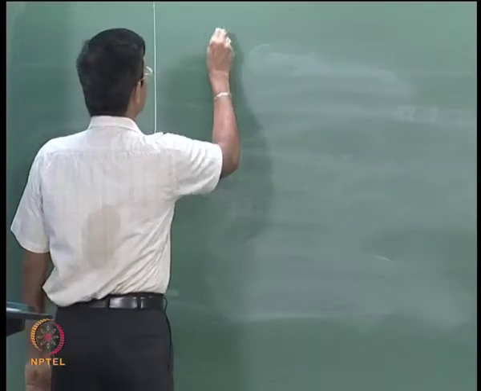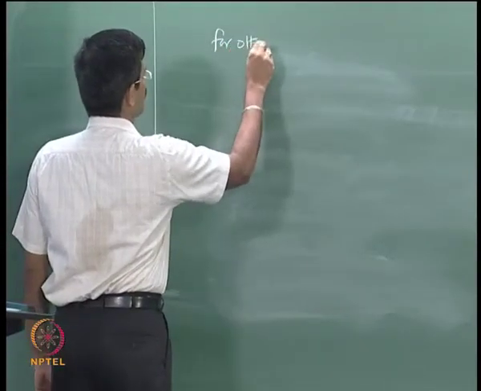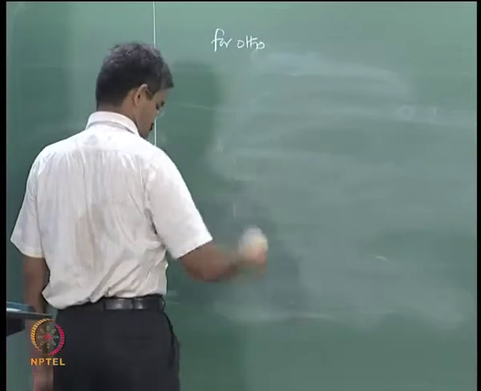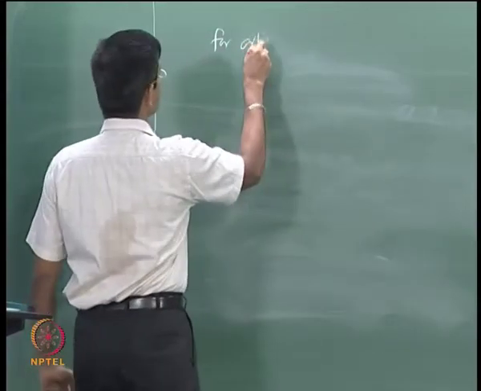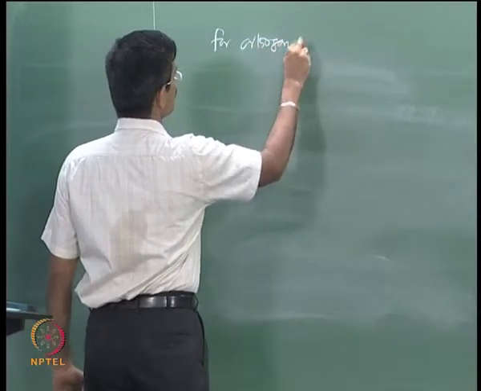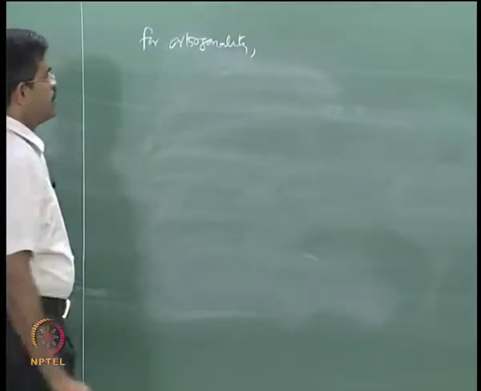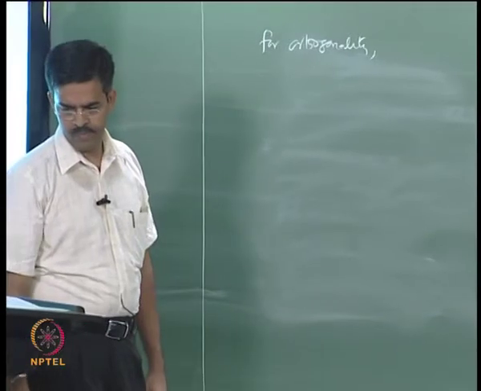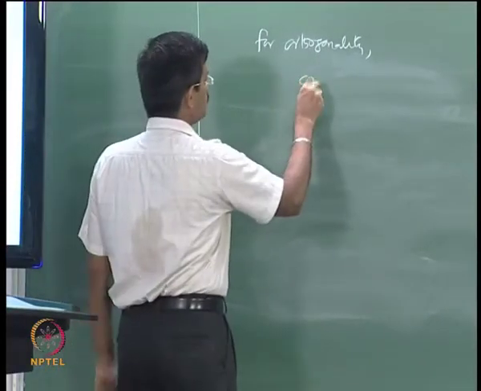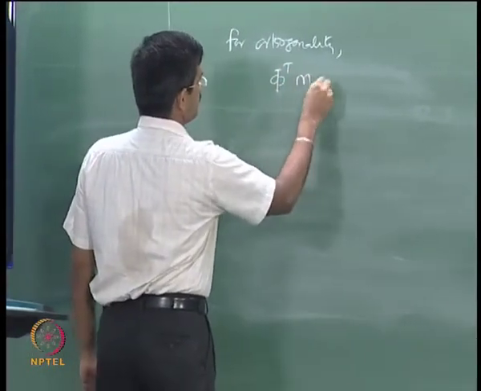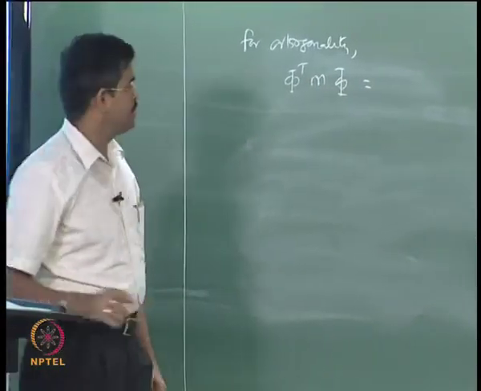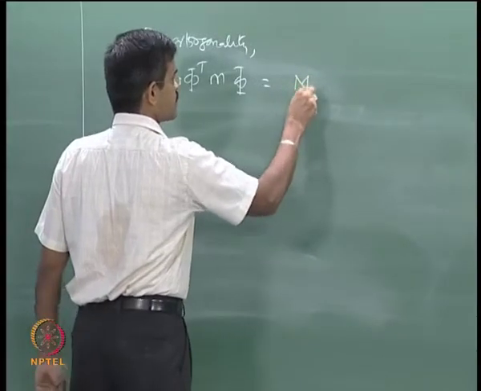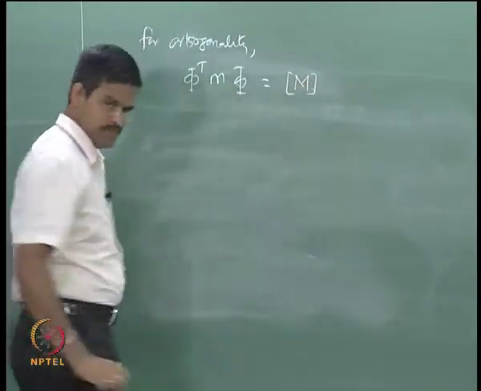For orthogonality, phi transpose m phi is a weighted mass matrix, we already know this.